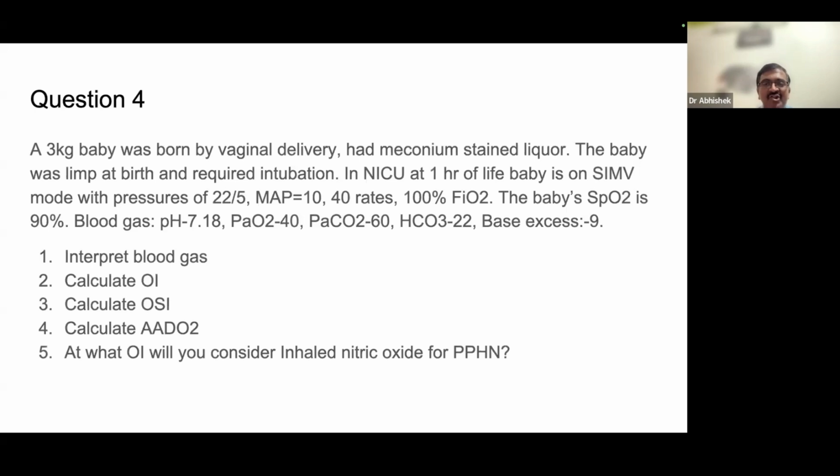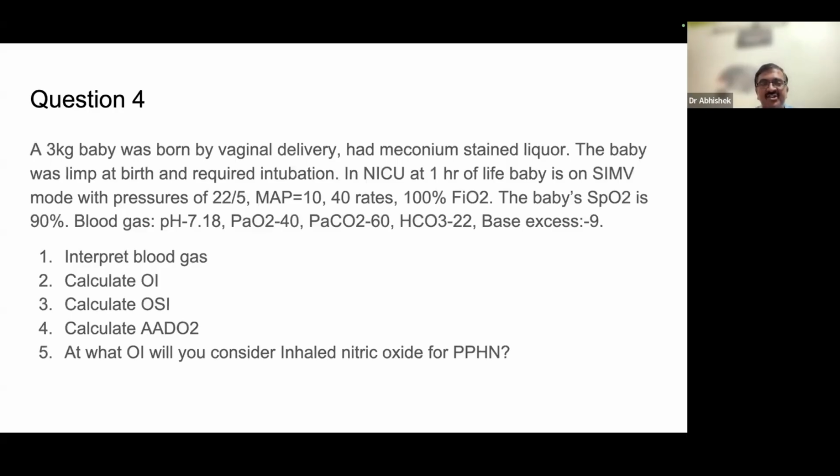Bicarb should have been more. How much? What is the compensation for acute respiratory acidosis? It's 1 per 10 or 1 to 2 per 10. Should have been ideally 24 plus 4, right? Ideally near 28. Okay. Can you calculate OI for this case?